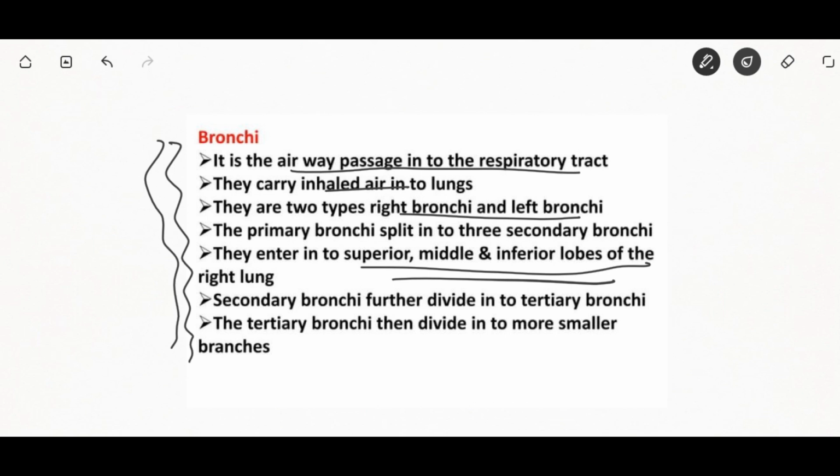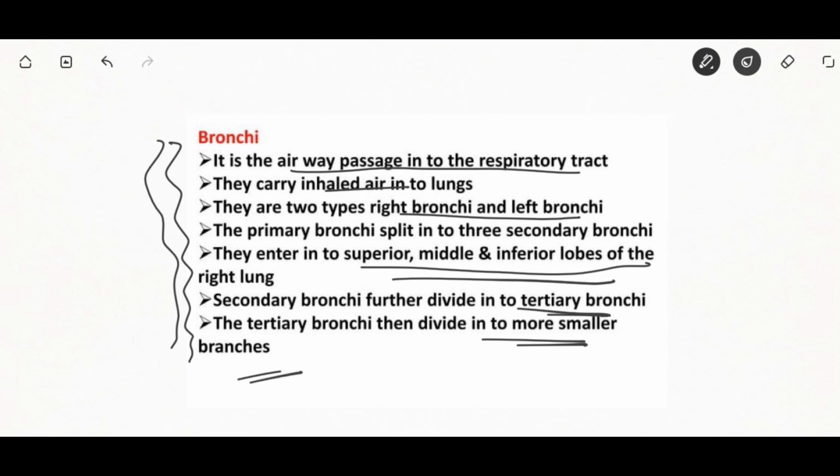The trachea and bronchi together are called the tracheobronchial tree. It forms part of the air passage. The trachea bifurcates into two main parts or primary bronchi called the right and left bronchus. Each primary bronchus enters the lung and divides into secondary bronchi.